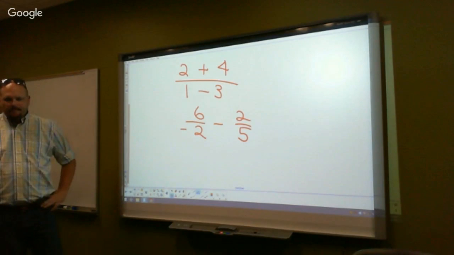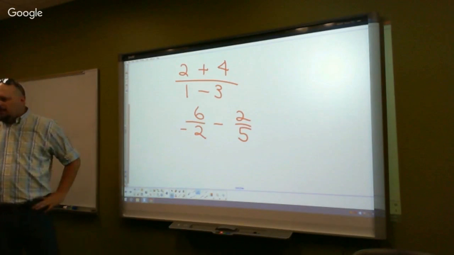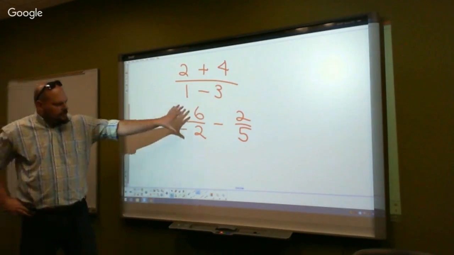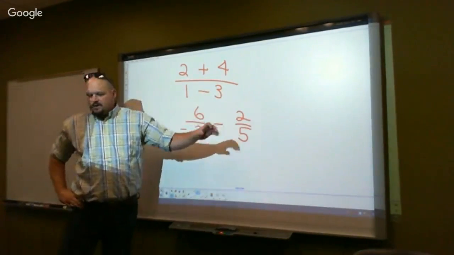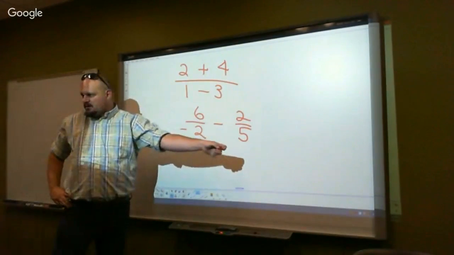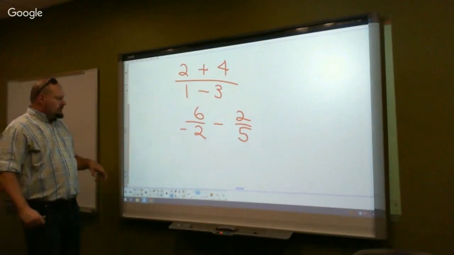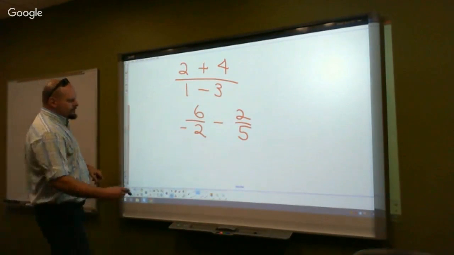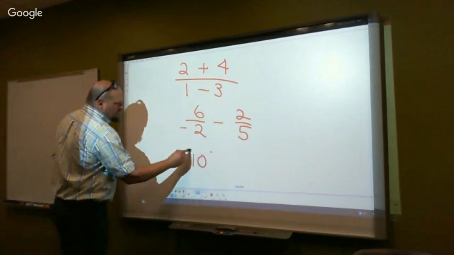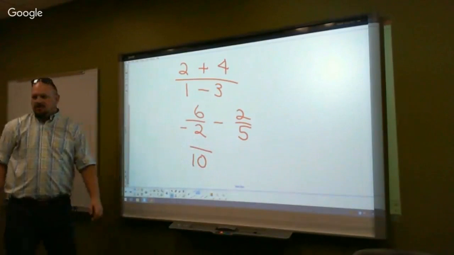There's a couple of ways we can do this, but look at this as a fraction. We have halves and fifths, right? What's our lowest common denominator then? 10. So how many tenths is equal to 6 halves?